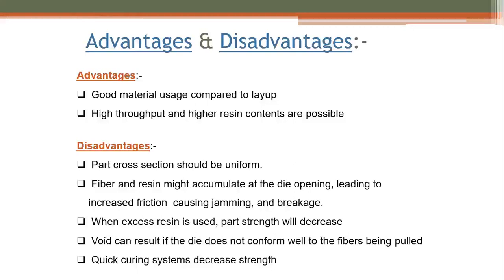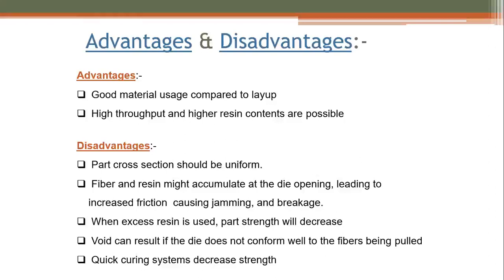When excess resin is used in the parts, part strength will be decreased by the resin. Because of its composition, we have to use the right composition. That's why when excess resin is used, part strength will be decreased, and voids can result if the die does not conform well to the fibers being pulled.